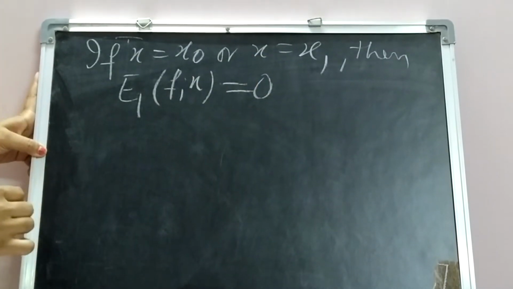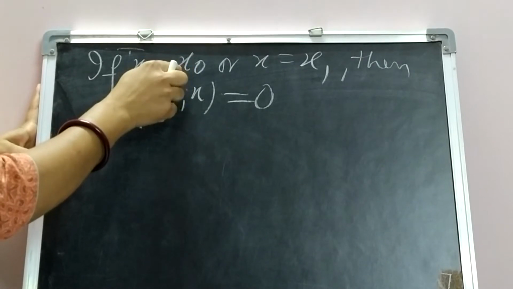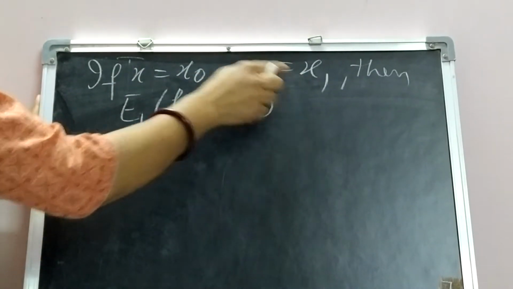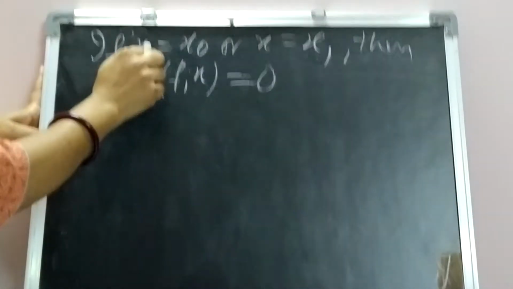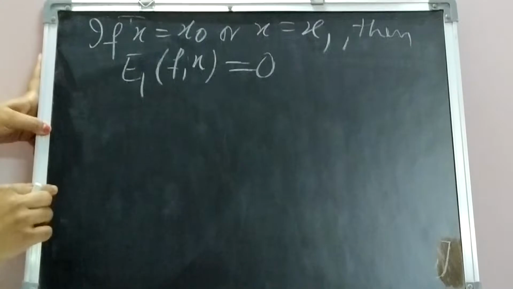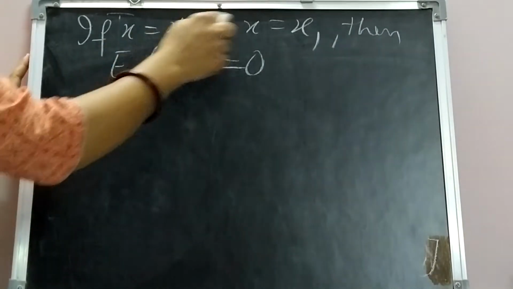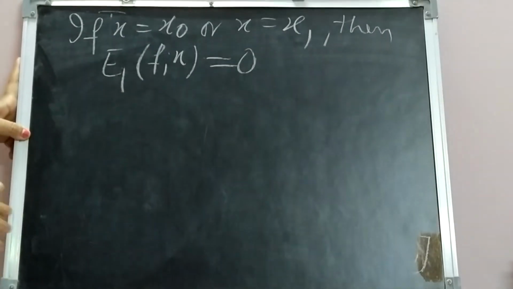Why is it 0? Because at the nodal points, also called interpolating nodes, the points which are given, the functional value and the interpolating value will be the same, because that is the interpolation condition. At these points they must exactly satisfy, so we get error as 0.